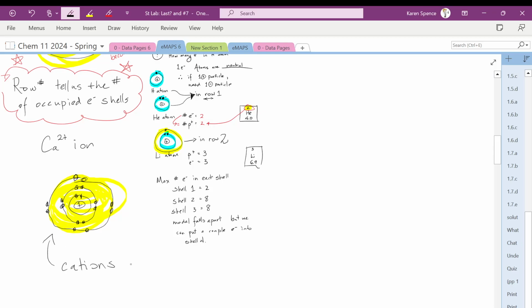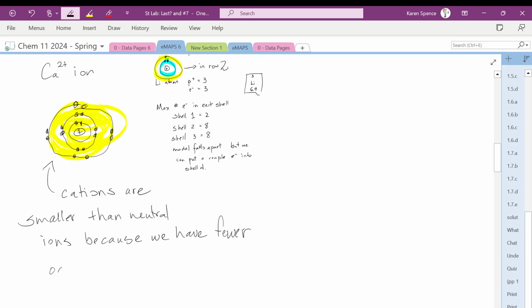Cations are smaller than neutral atoms because we have fewer occupied electron shells. And we are going to take a 5-minute break until 11:30.